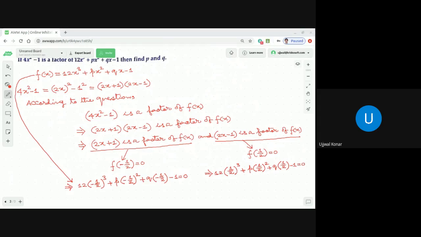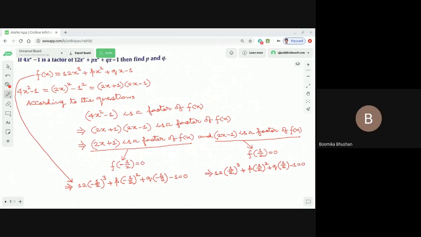So if you look into the first one, 12 into minus 1 by 2 whole cube, plus p into minus 1 by 2 whole square, plus q into minus 1 by 2 and minus 1. From there we get one equation, correct or not?